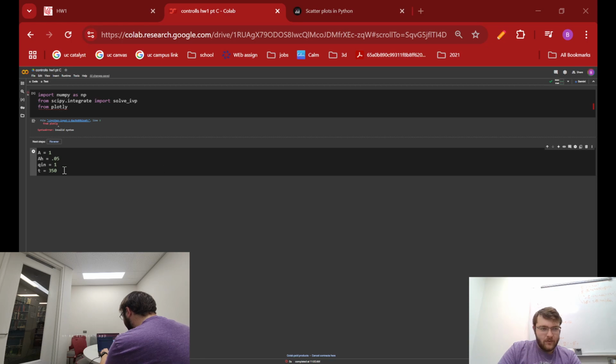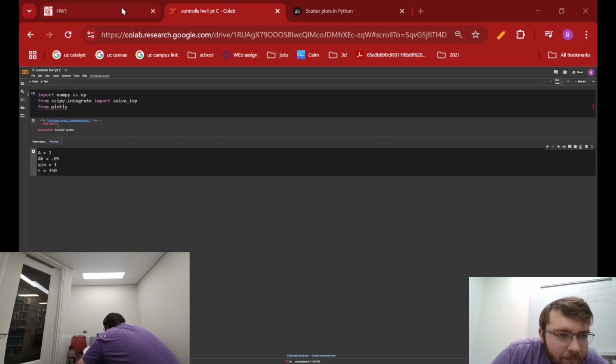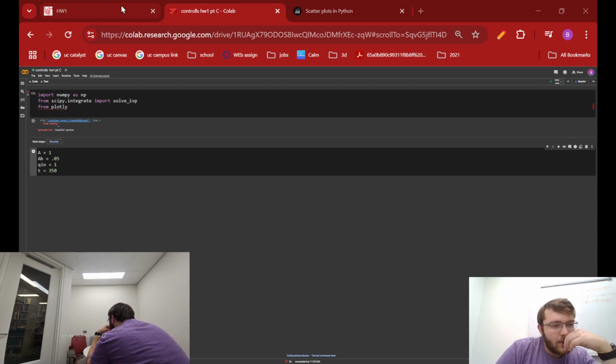Okay. So we have area of the hole, Qn, and then temperature, which is the initial temperature operating at a steady state of this. But then the third question says the inlet temperature drops to 340.